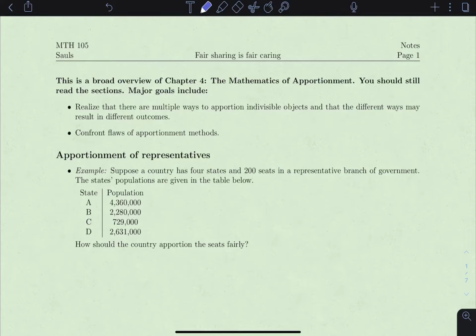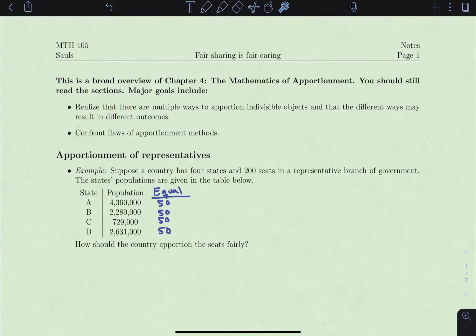What do you do? One kind of straightforward way is equal distribution, where there's 200 seats and 4 states, so why not just give every state 50? Somehow this probably contradicts your sense of fair. State A is much larger than state C, so it should probably have more seats in the representative branch of government.